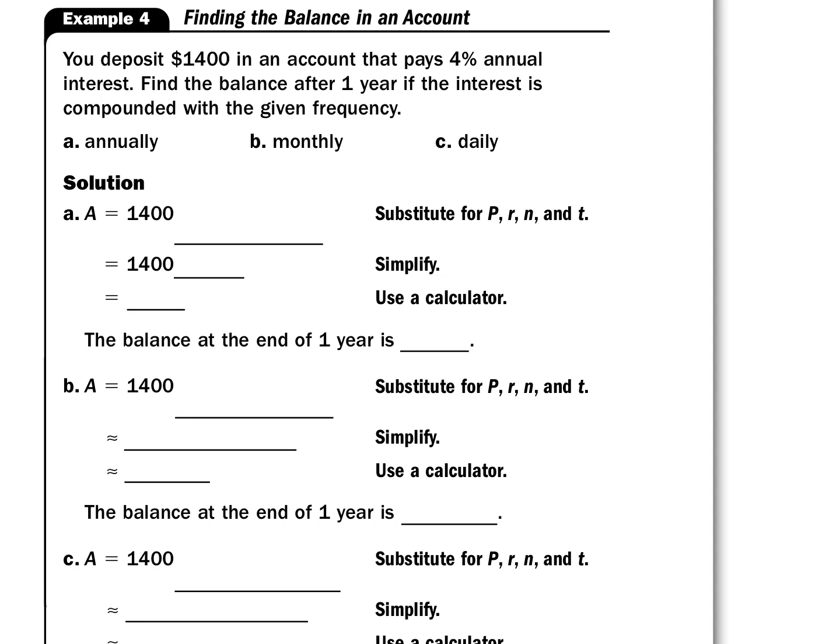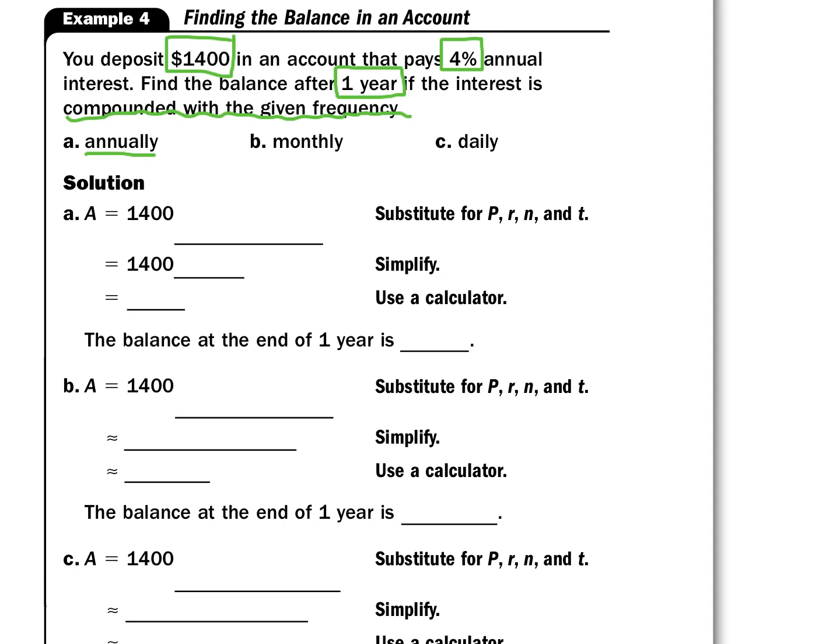So our initial deposit is $1,400 in an account that pays 4% annual interest. Says find the balance after 1 year, so we're going to use t equals 1 for all of these. And then we're going to do it 3 different times, compounded with the different frequencies.